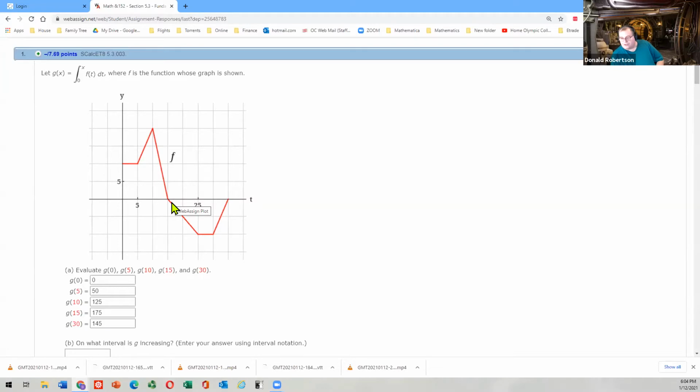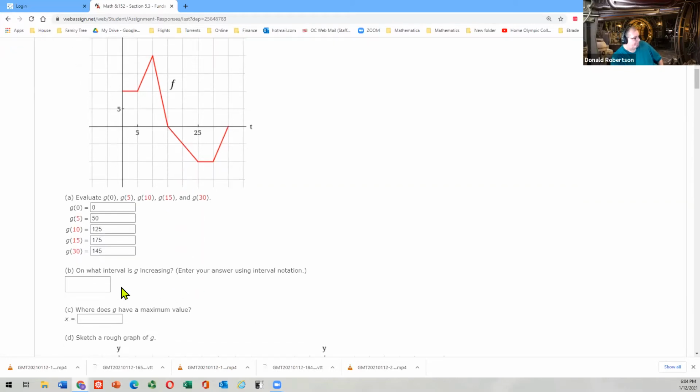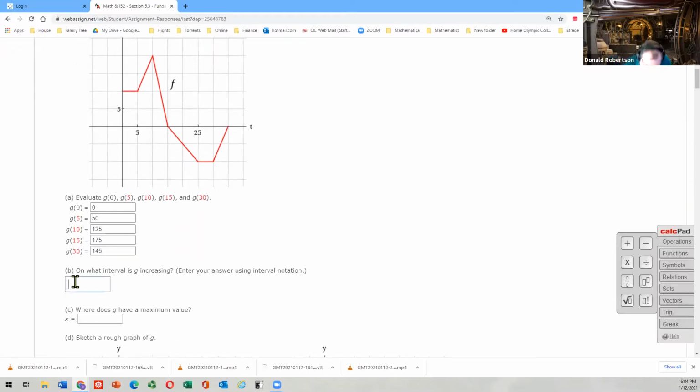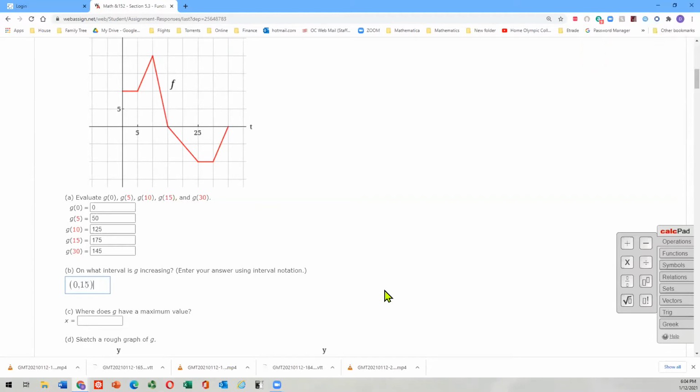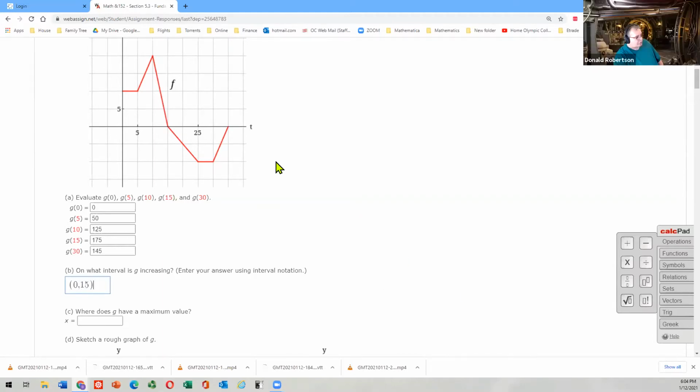So from 0 up to what number is the area function getting bigger, increasing? From 0 up to 15. Would you agree at 15, that's the end of it getting bigger? Because what's going to happen if you do 0 to 20, aren't you going to take a little bit away? And 0 to 30, aren't you going to take quite a big bit away?